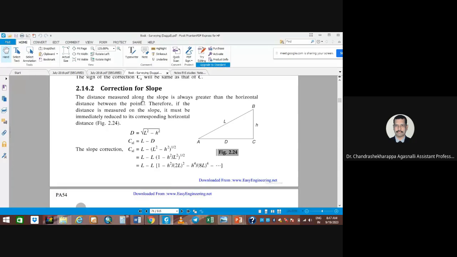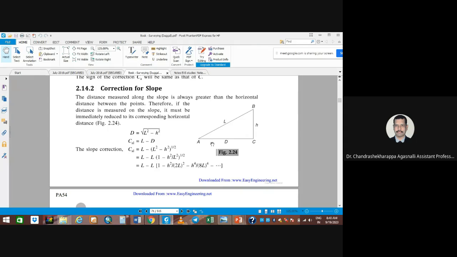So the distance measured along the slope is always greater than the horizontal distance. AC distance is very less. If it is on sloping ground, obviously it's higher. Therefore, if the distance is measured on a slope, it must be reduced to the corresponding horizontal distance.